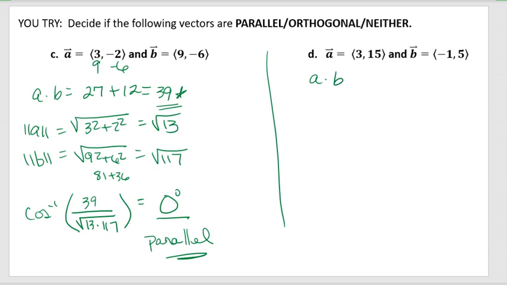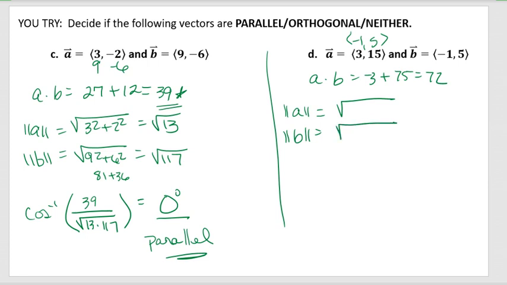Let's see what happens here. A dot B. I really want these written together because it speeds me up. This gives me 3 times -1 is -3 plus 5 times 15, I believe that's 75, which makes 72. Definitely not 0. So I have to do the magnitude of A and the magnitude of B. We have 3 squared plus 15 squared.